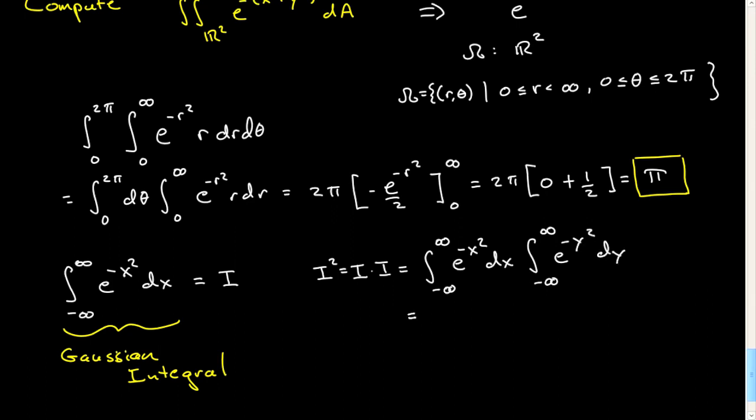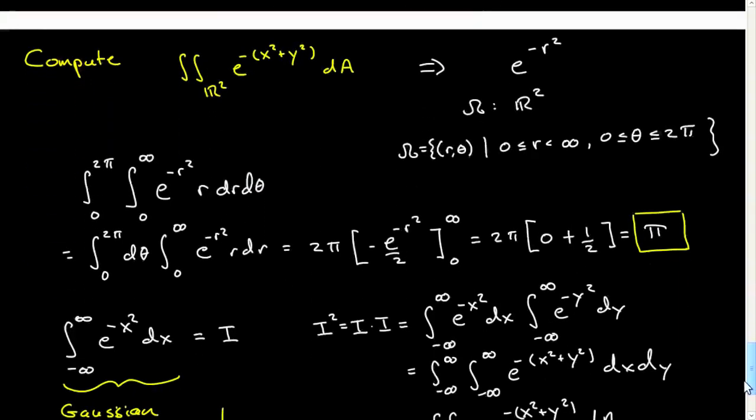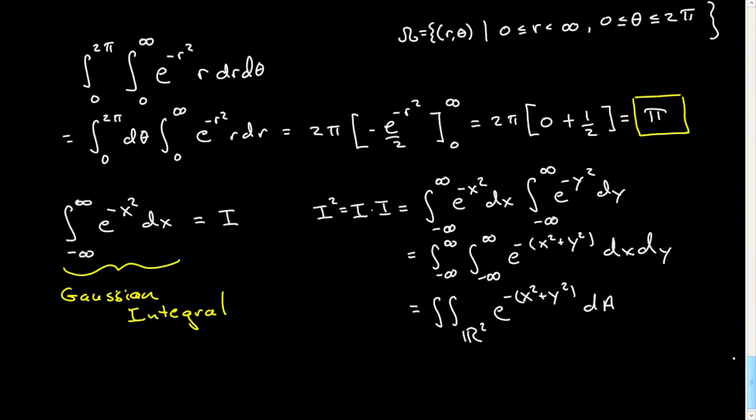I can now put these two together: e to the minus x times e to the minus y is e to the minus (x squared plus y squared) dx dy. And that is the double integral over all of R2 of e to the minus (x squared plus y squared) dA. That is the integral that we just did. You got an answer of pi. So we know the answer here is pi, and that's equal to I squared.